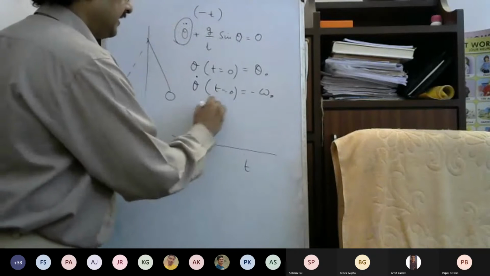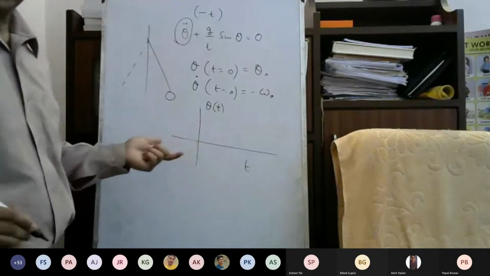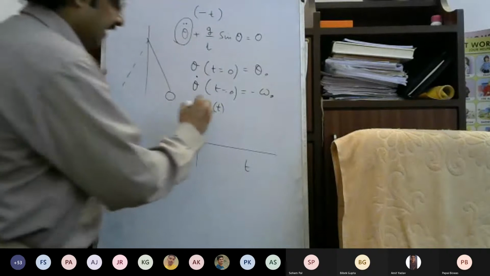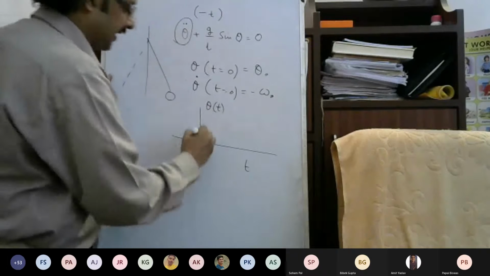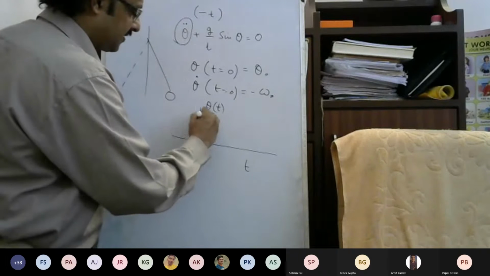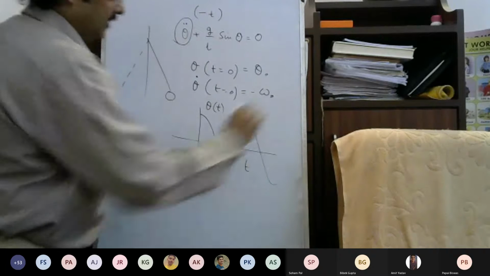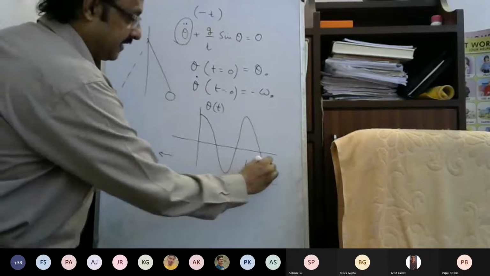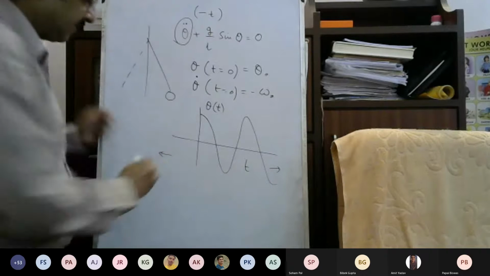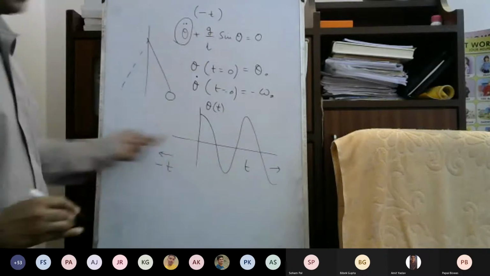What I mean is that if you plot theta of t versus t, in this case you'll get one particular signal, right? The response will look something like this. It starts from theta naught, and something like this it will happen. This is positive t, and in this direction is negative t.